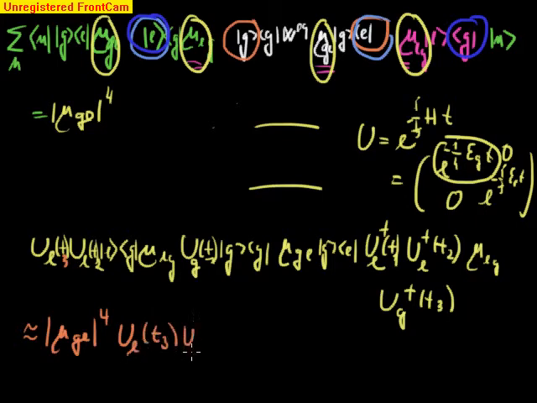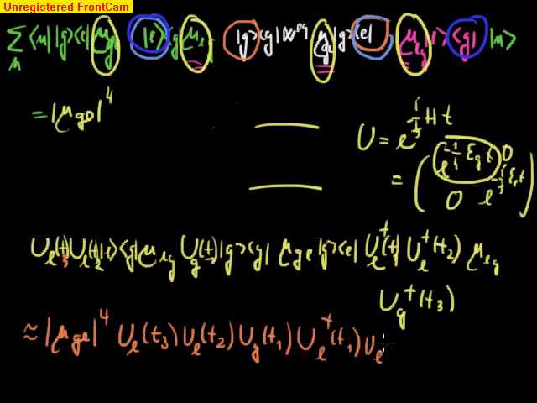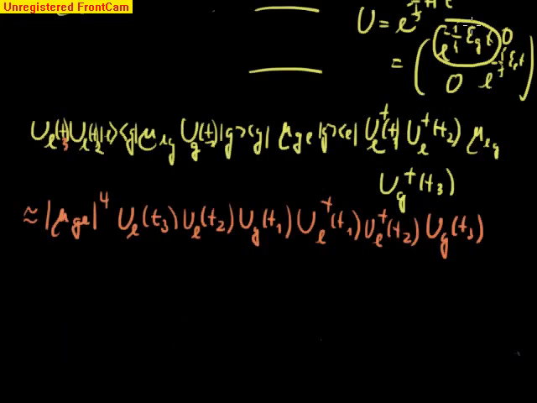T3, E, T2, then U, G, T1. Here we have U, E, T1, U, E, T2, and U, G, T3. Alright, all of these have their phase factors like here. So in fact what we have here is e to the power of minus i divided by h bar epsilon E t3.